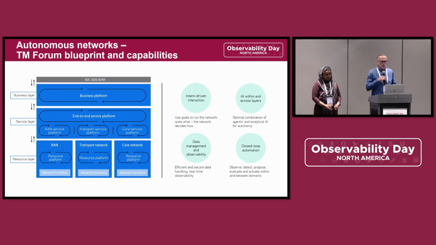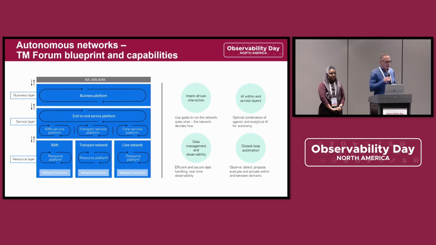On the left-hand side is the very simplified blueprint specified by a standardization organization, the TM Forum. They are talking about different layers, specifying from top down the business layer, which concerns management of business systems, the contracts, the users, and so on. Then we have a service layer, which can be divided into an overspanning end-to-end service platform and the individual domain services.